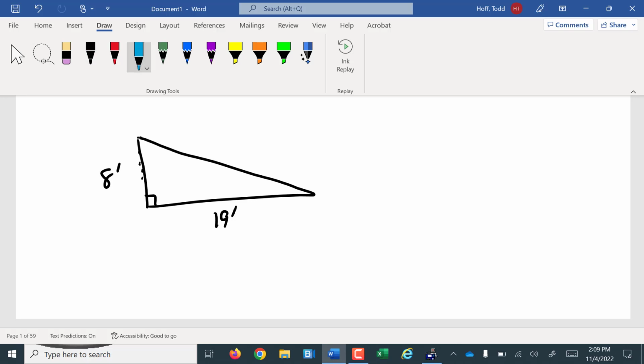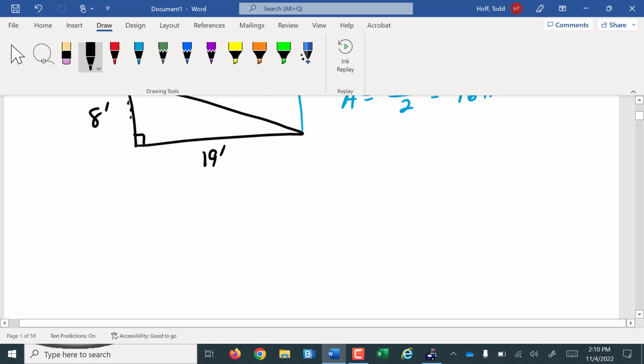It's a triangle, so how would we find its area? 19 times 8 divided by 2. And again, the divided by 2 is because it's half of that related rectangle. That makes 76 square feet. Is that area then?